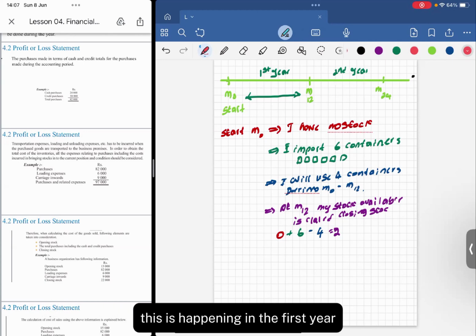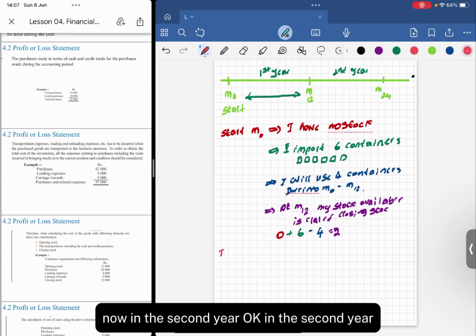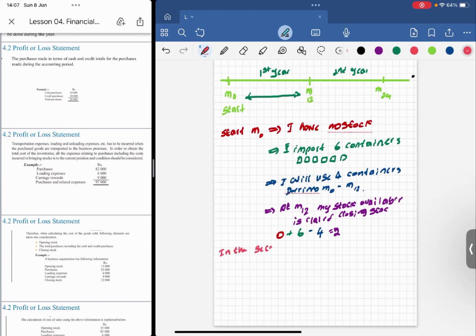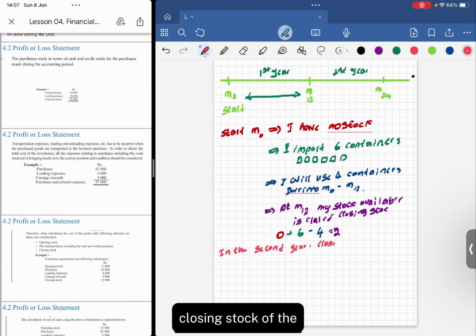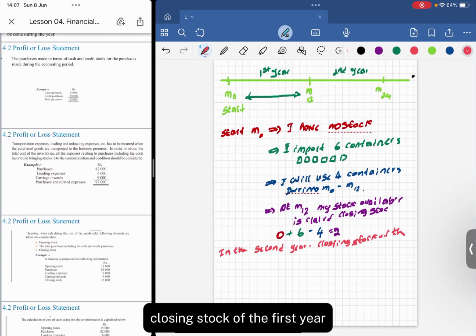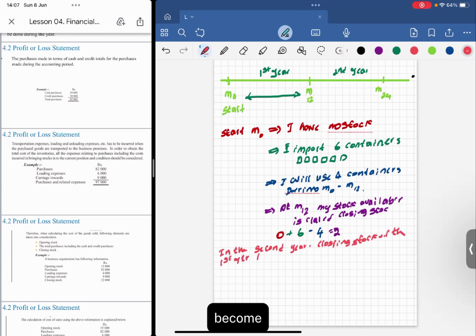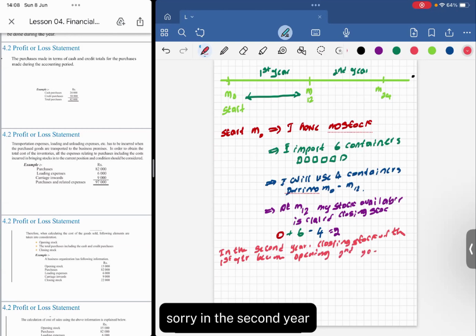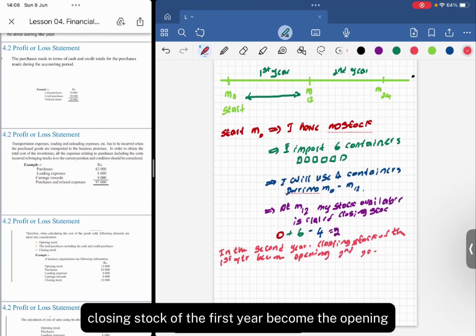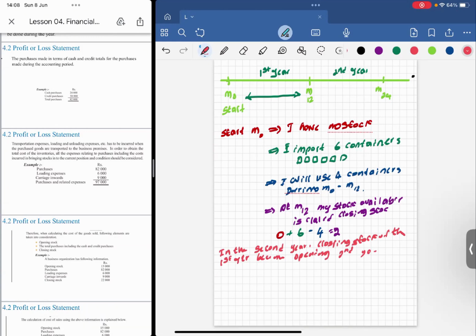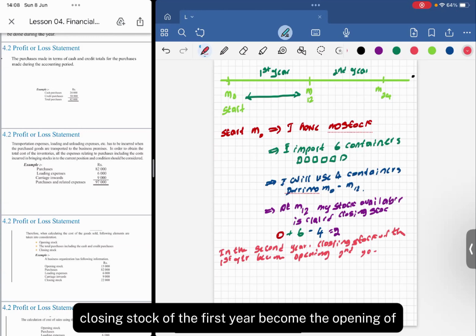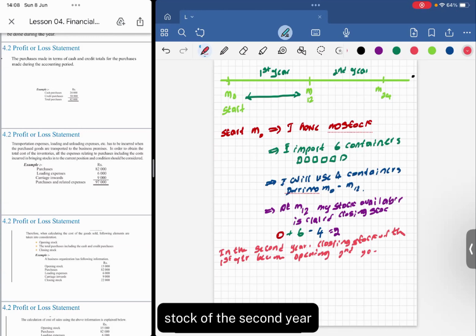In the second year, the closing stock of the first year becomes the opening stock of the second year.